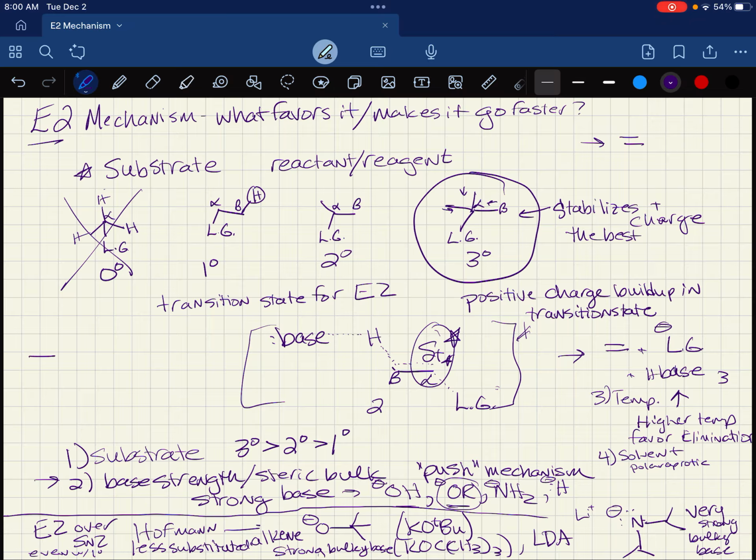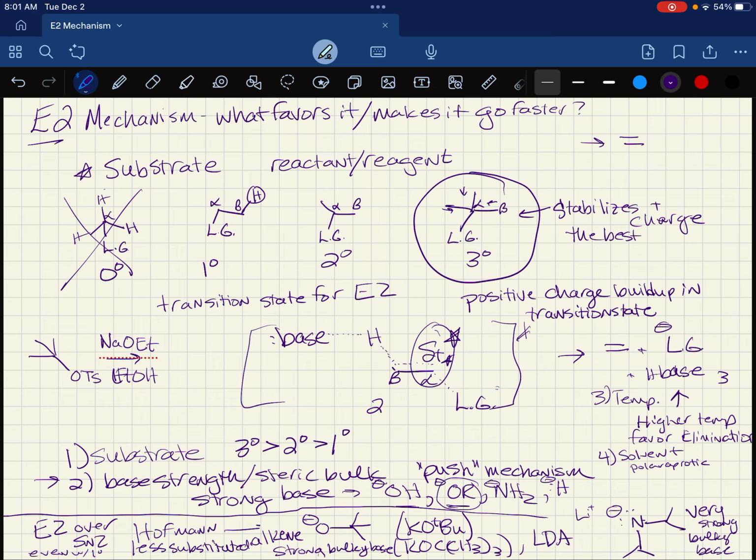So for example, let's say we were doing this and we had a good leaving group. We had tosylate as my leaving group, and then you might see where they're using sodium ethoxide and they're using ethanol as the solvent.